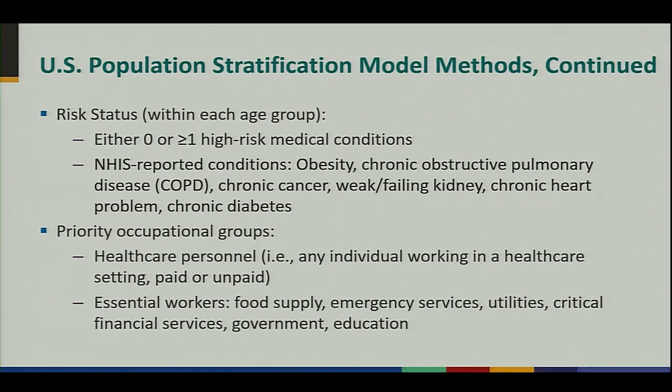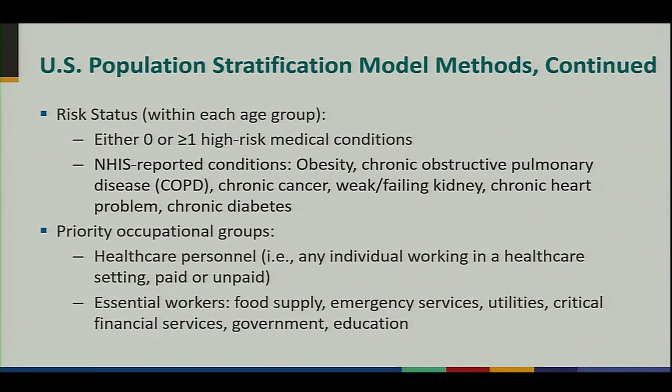We included a risk status within each age group that was a dichotomous variable which represented individuals having no high-risk medical conditions or greater than or equal to one high-risk medical condition. These conditions came from NHIS self-reported data and included obesity, chronic obstructive pulmonary disease, chronic cancer, weak or failing kidney, chronic heart problems, and chronic diabetes.